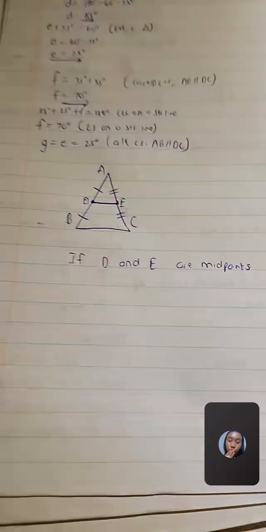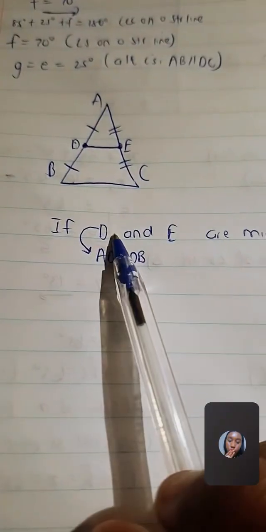Okay, so this is what the midpoint theorem says. It says if D and E are midpoints. If what? If D and E are midpoints. So in other words, AD is equal to DB. That's what it means when they say D is a midpoint.